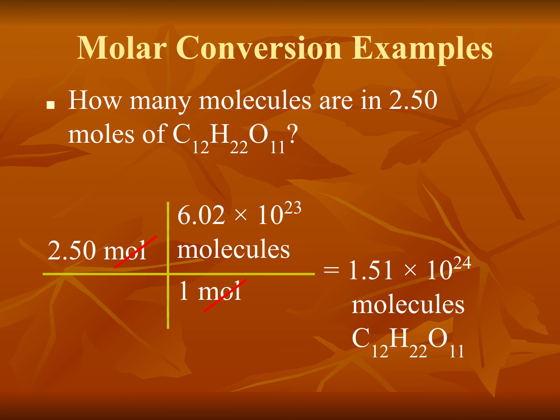So what equivalency statement we're going to use is how many molecules are in 1 mole. Remember, 1 mole is equal to 6.02 times 10 to the 23rd molecules, or atoms. And so in this case, it's molecules. And so this sets up that conversion statement. We can figure it out real easy.